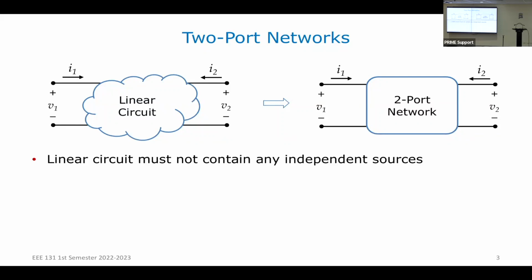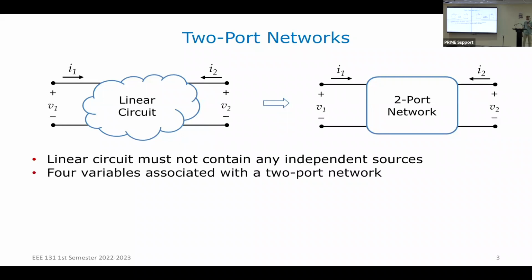And then you have dependent and independent sources. But in using two-port networks, we must make sure that the network does not contain any independent sources. It can contain dependent sources. So pwedeng magkaroon ng voltage-controlled voltage source, voltage-controlled current source, and so forth. Pero hindi pwedeng magkaroon ng independent sources.